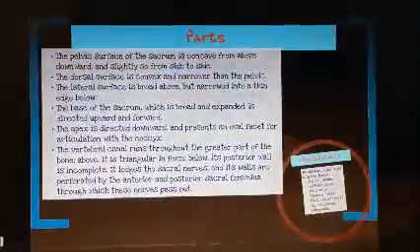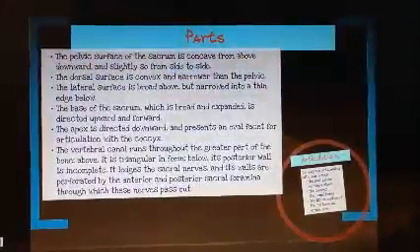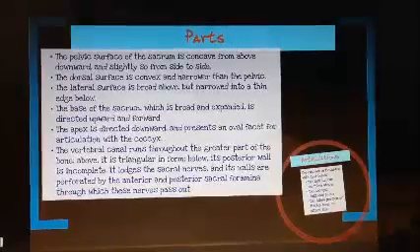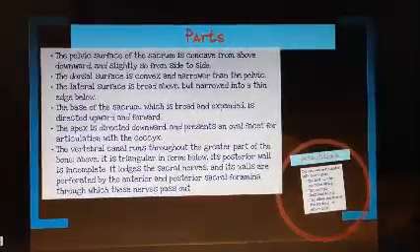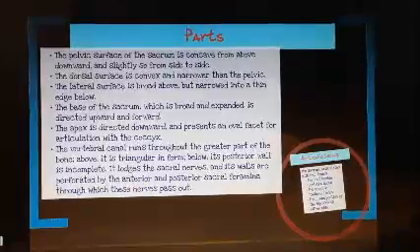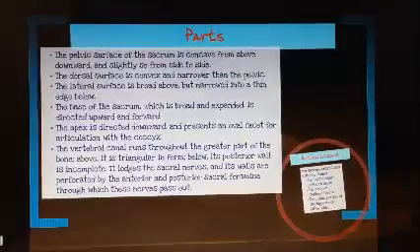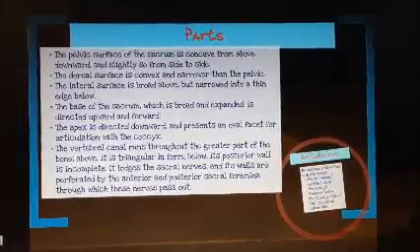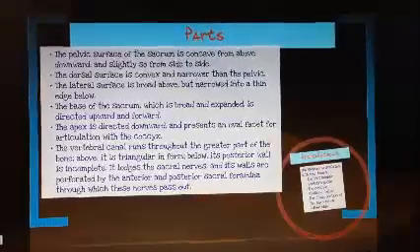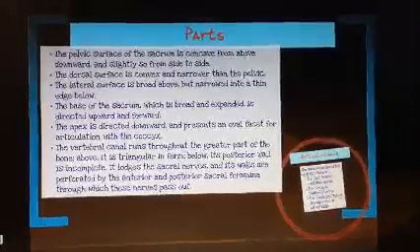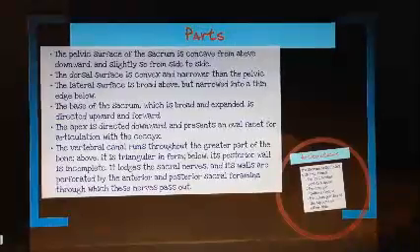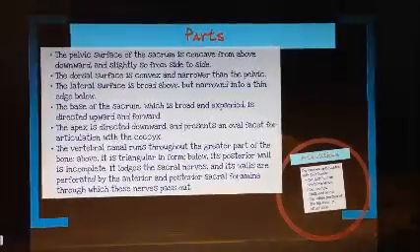Parts. The pelvic surface of the sacrum is concave from above downward and slightly so from side to side. The dorsal surface is convex and narrower than the pelvic. The lateral surface is broad above but narrowed into a thin edge below. The base of the sacrum, which is broad and expanded, is directed upward and forward. The apex is directed downward and presents an oval facet for articulation with the coccyx.